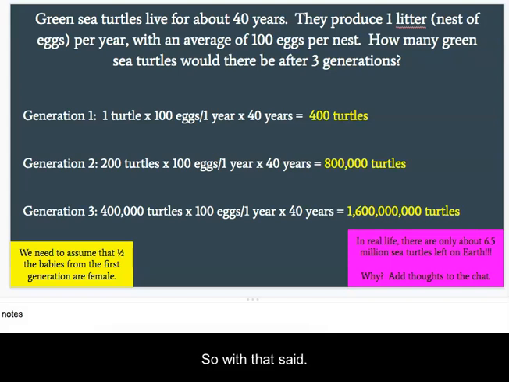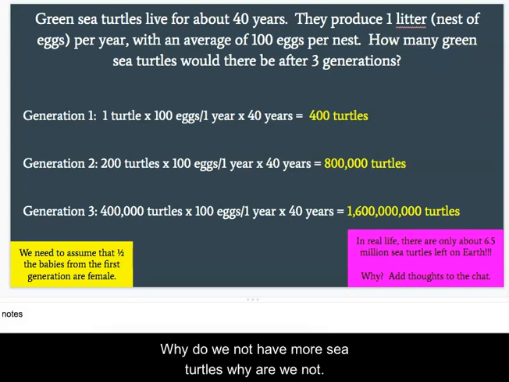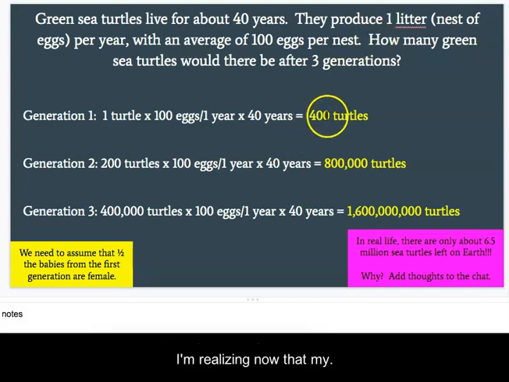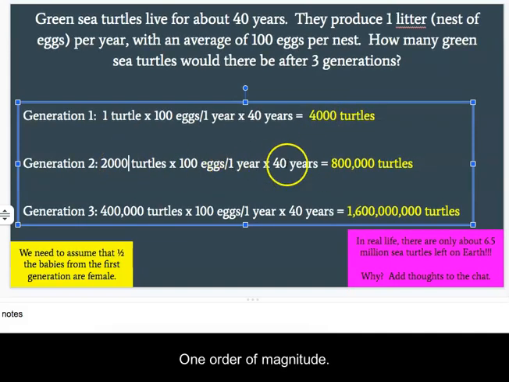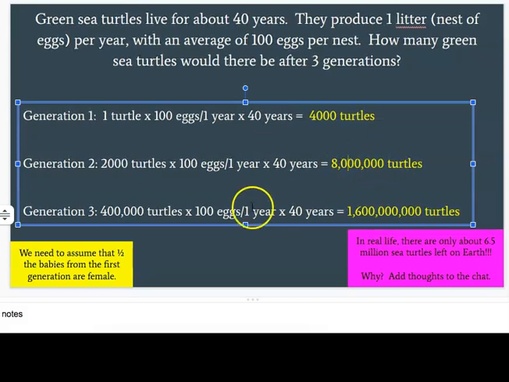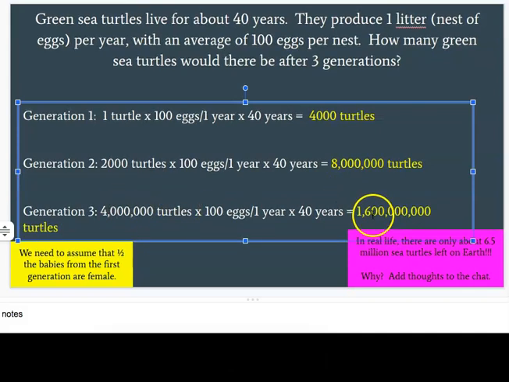So with that said, why? Why do we not have more sea turtles? I'm realizing now that my calculations were one order of magnitude off here. So I need to make sure to fix that.